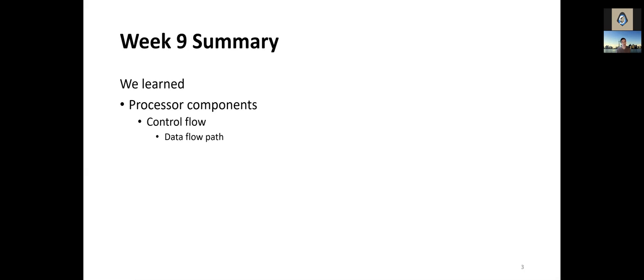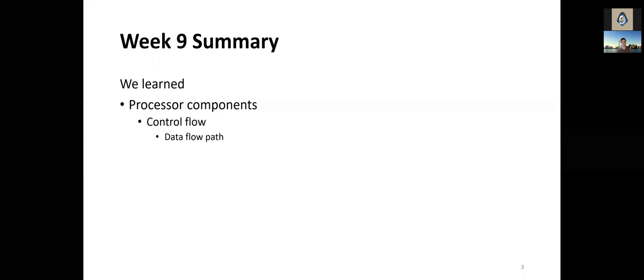A big part of the control flow is the data flow path that you need to identify depending on what you want to execute at this moment. We spend a lot of time practicing several different options, and we will keep practicing that because it's an important thing to understand about processor operation.